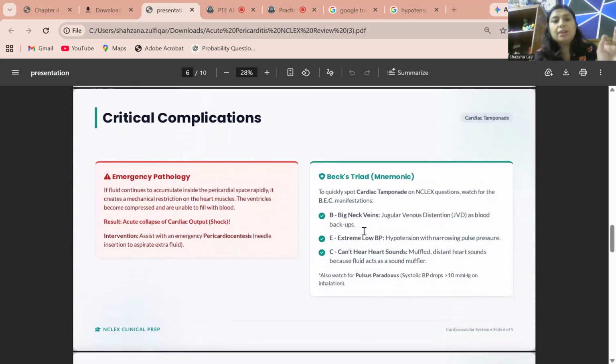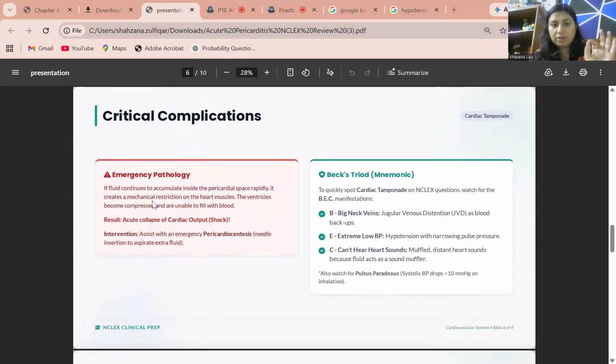Now, what is the critical complication that a patient can develop due to acute pericarditis? As we already discussed, the main complication of acute pericarditis is cardiac tamponade.